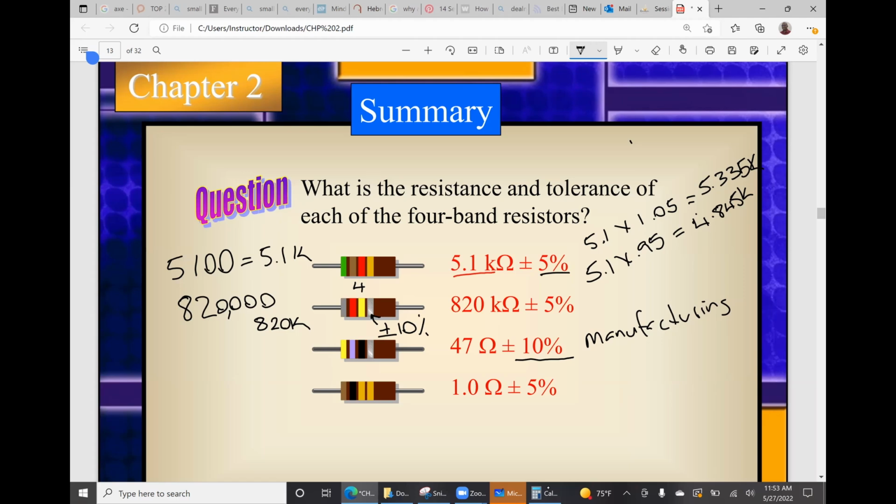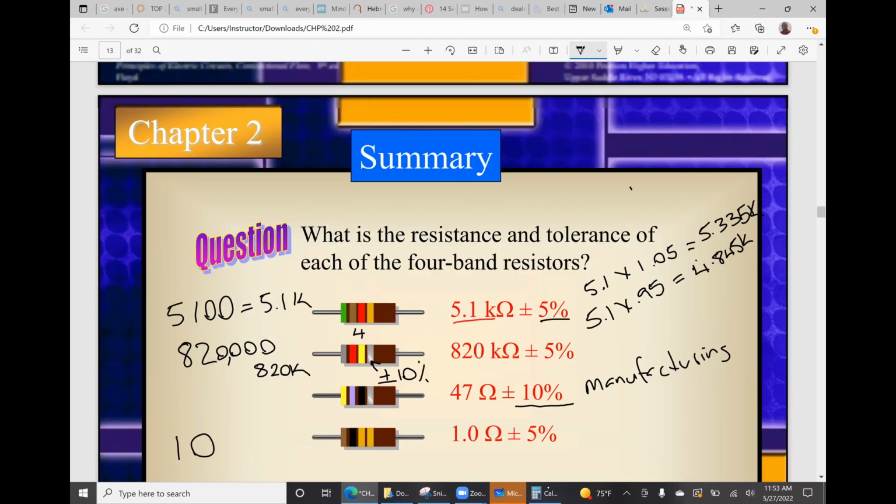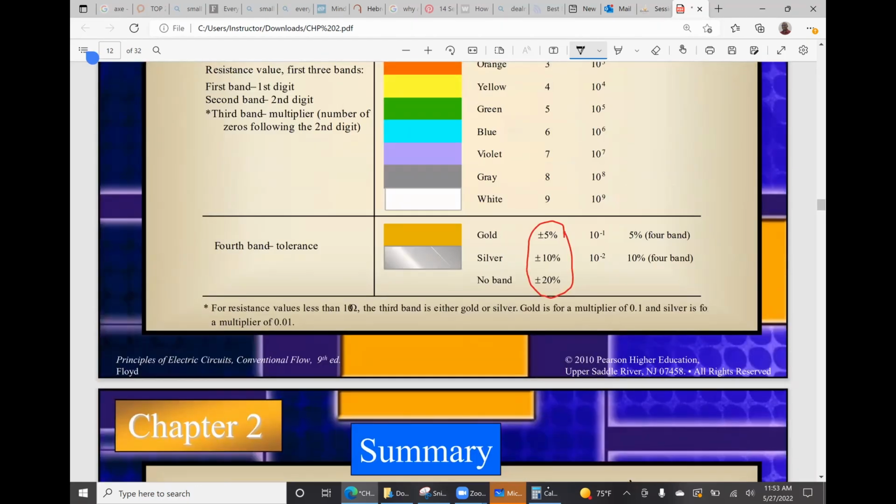Let's look at the last one here. Brown, black, gold. Brown is going to be 1. Black is going to be 0. And here we have gold in the multiplier.